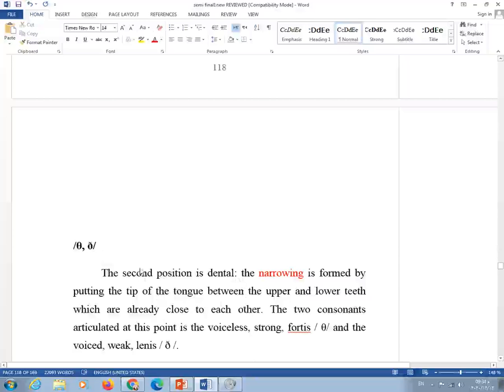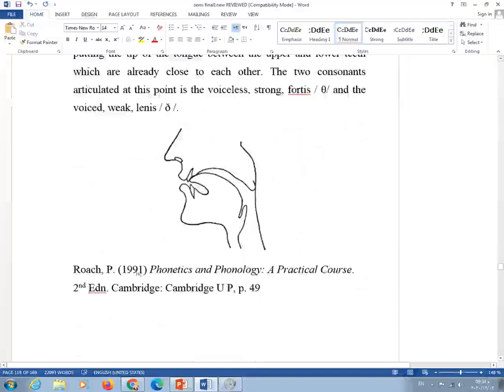And this is the figure that illustrates how this couple of consonants is pronounced. We have the tip of the tongue between the upper and the lower teeth to have th in 'three' and th in 'this'.